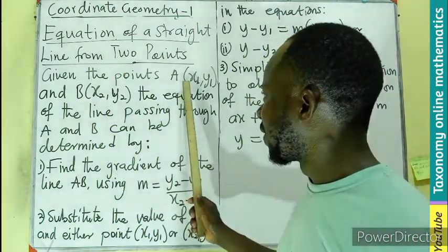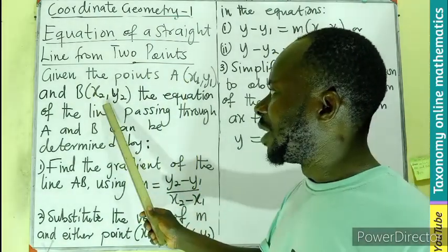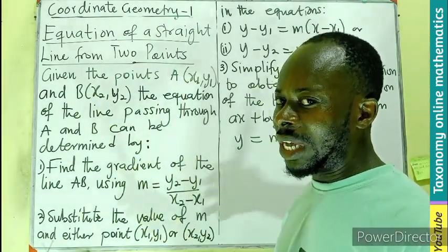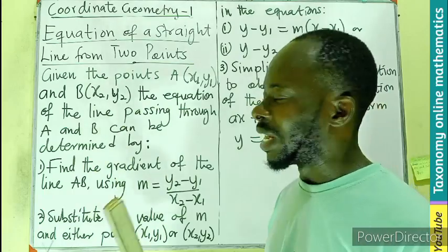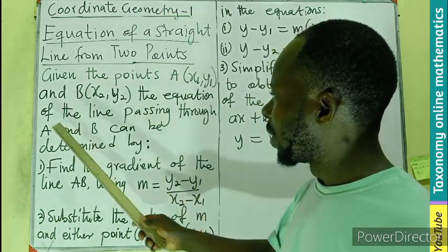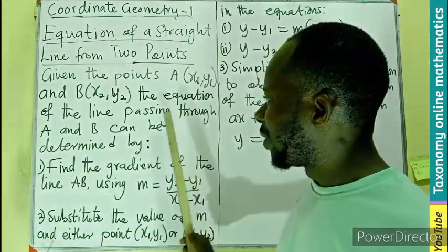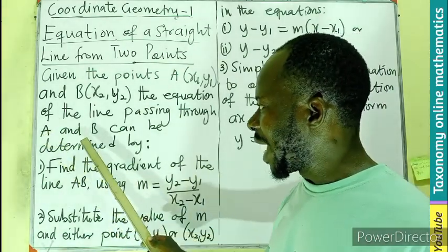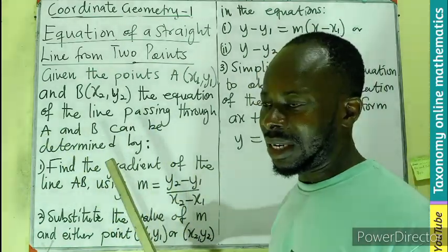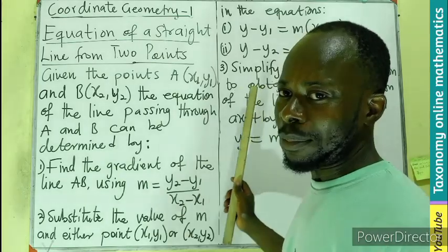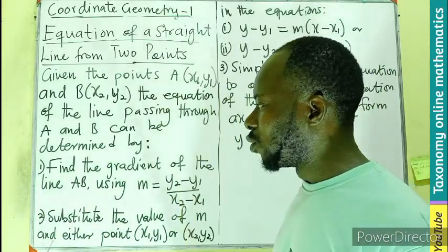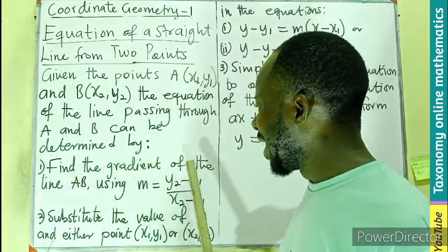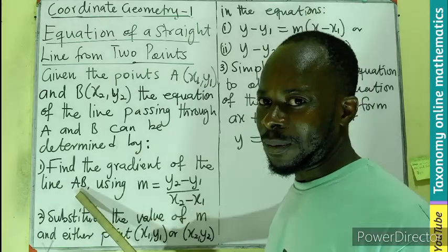Given the points A and B, the x1, x2 just represent the various points that you may be given. The equation of the line passing through the points A and B can be determined by the following steps. The first step is to find the gradient of the line AB.